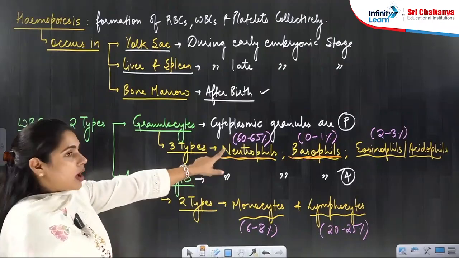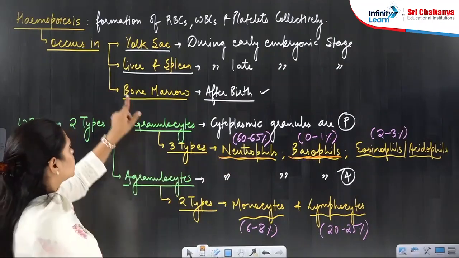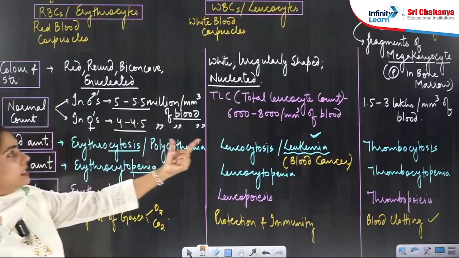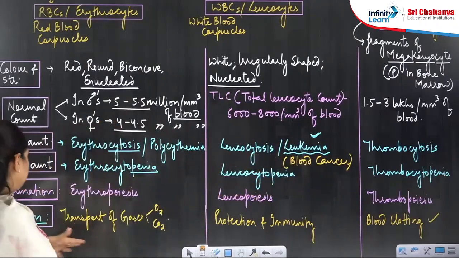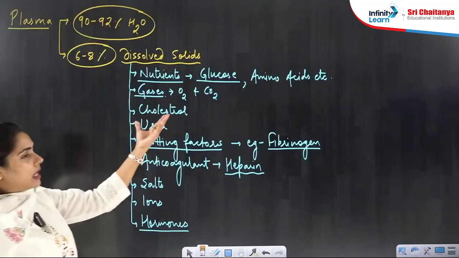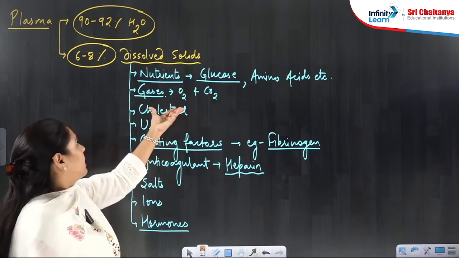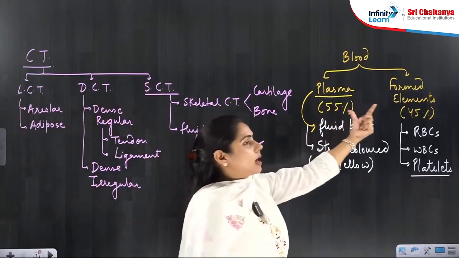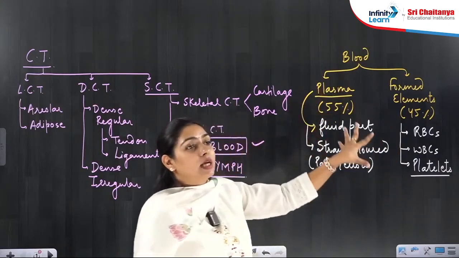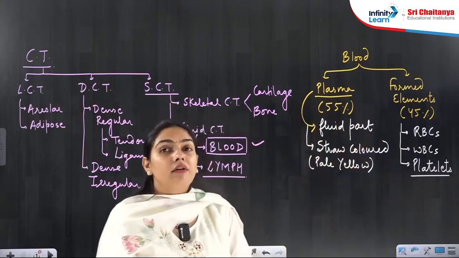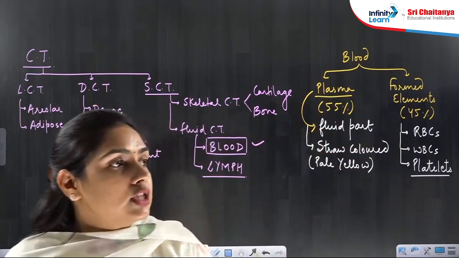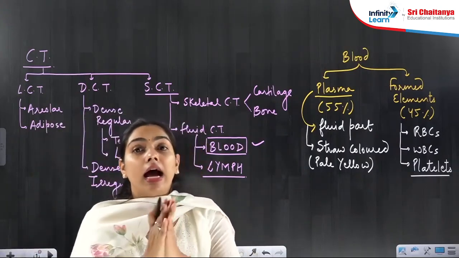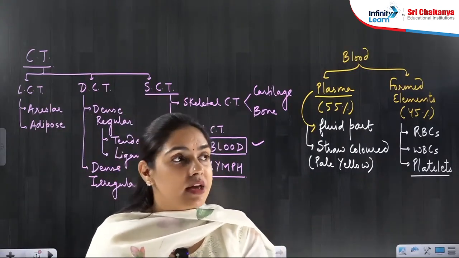You have seen the types of formed elements, RBC, WBC, platelets, and the other part is plasma. Plasma plus formed elements makes the blood. So today you have understood about the blood. I hope you have understood everything.